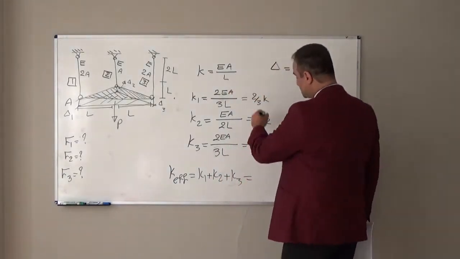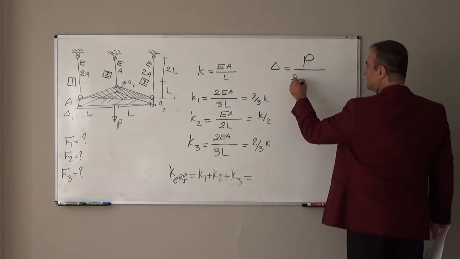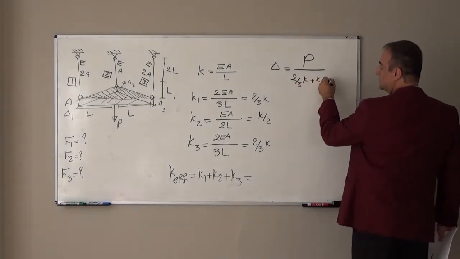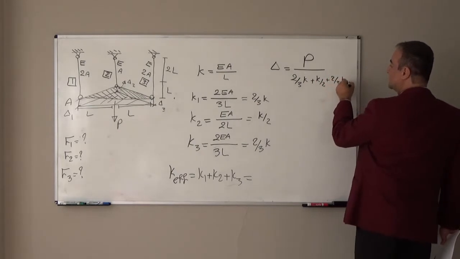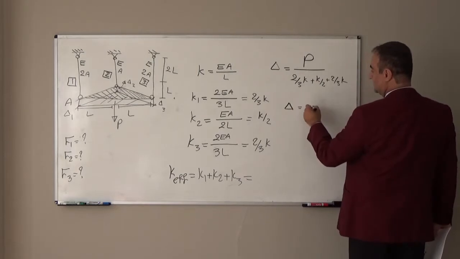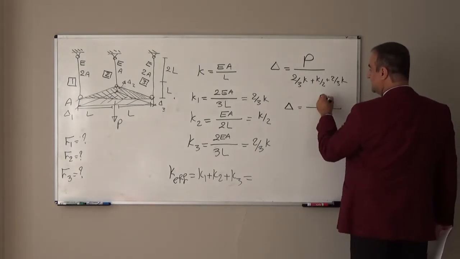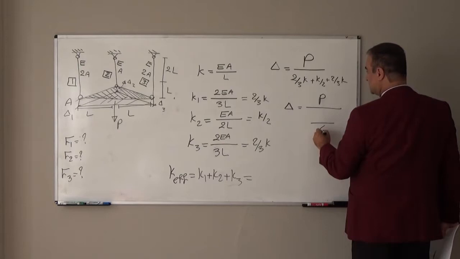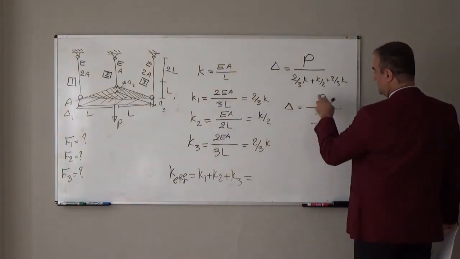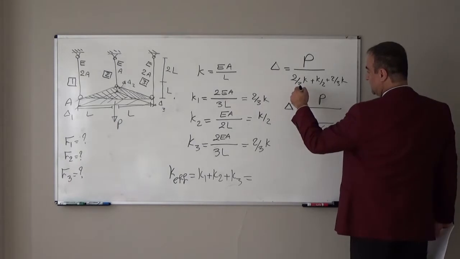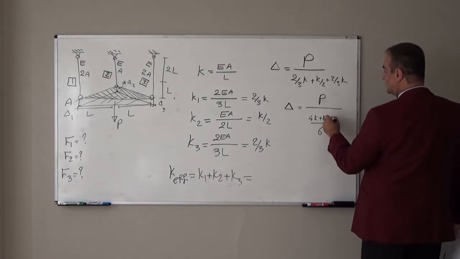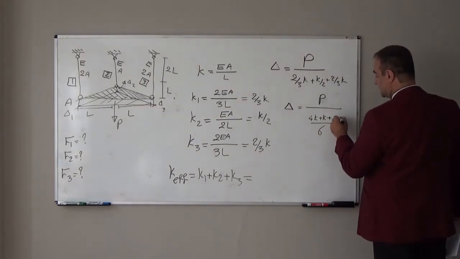If I add these together, I will have 2 over 3K plus K over 2 plus 2 over 3K. So from here, deformation will be equal to P divided by, this will be 6, yes, that will be 4K plus K plus 4K.